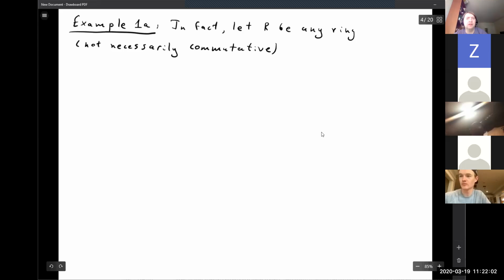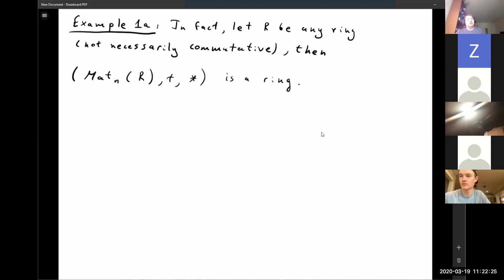Then the set of n by n matrices with entries in R and binary operations plus and times is a ring. The only thing you should be careful about when you define the matrix multiplication is that you put all elements of the first matrix on the left and all elements of the second matrix on the right. And what you will get is a ring.